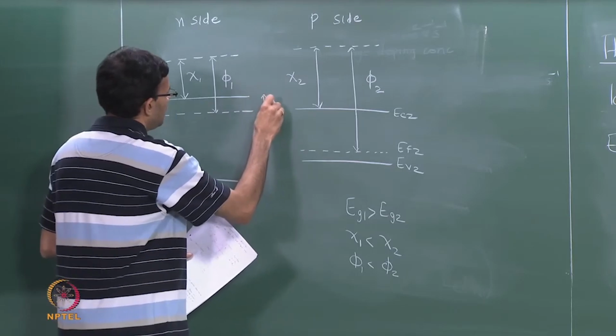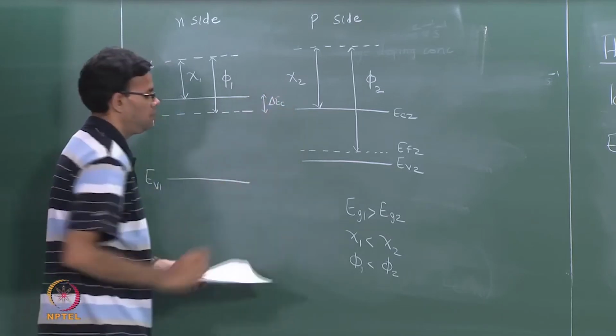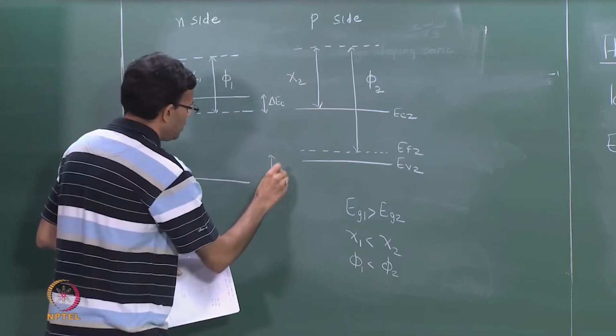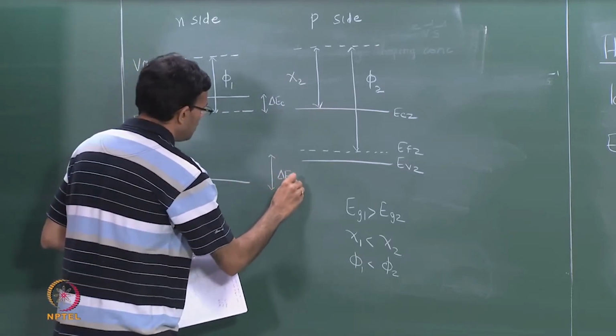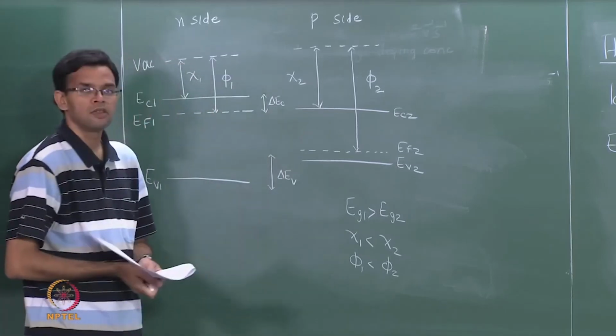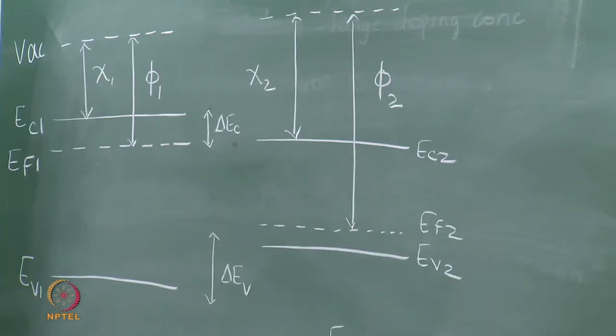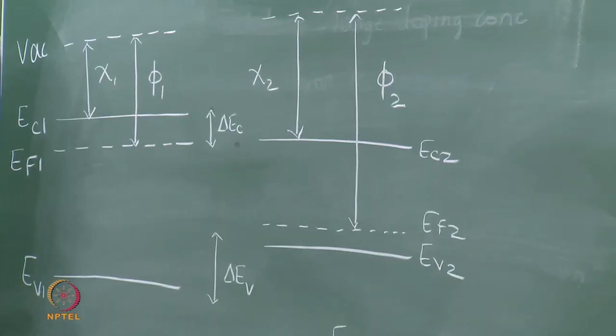So, that is delta EC. You can also define an energy gap between the valence bands, delta EV. So, we want to put together this p-n junction. So, the first rule is at equilibrium the Fermi levels must line up.